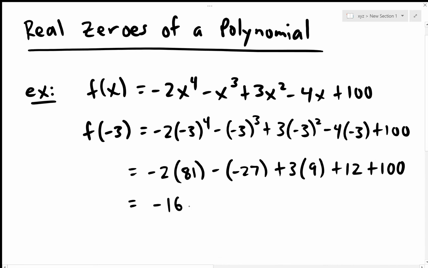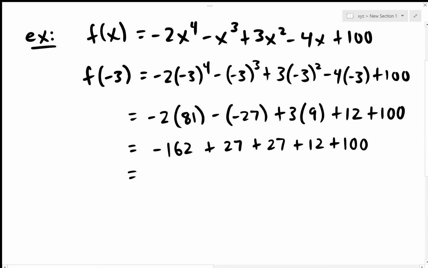So now we have negative 162 plus 27 plus 27 plus 12 plus 100. So here I like to separate the negative terms from the positive ones. So if I add up all my positive values there, I should get a total of 166. So the final answer ends up being 4. So in this case, f of negative 3 is 4.